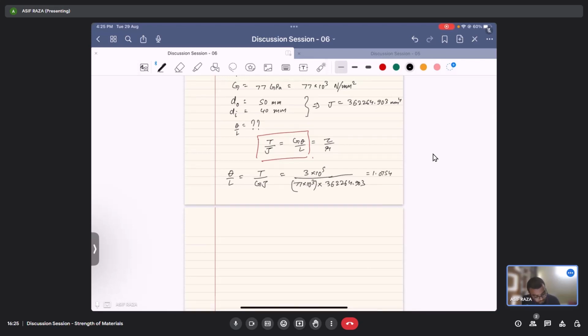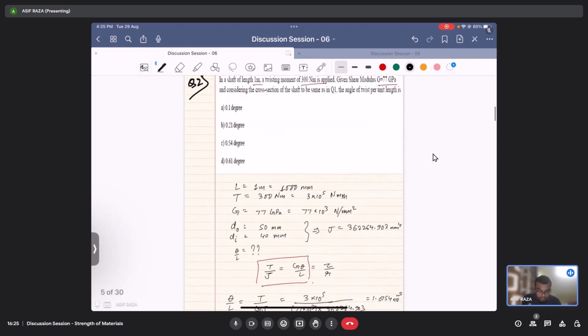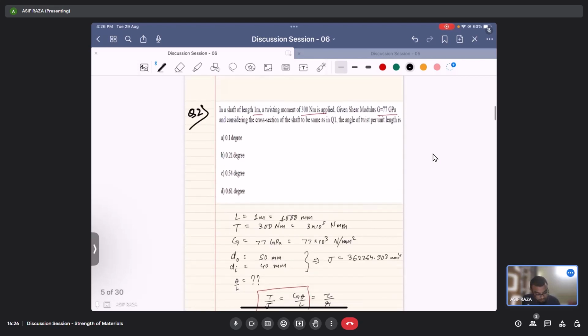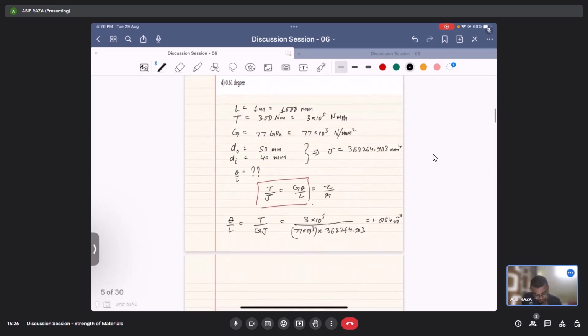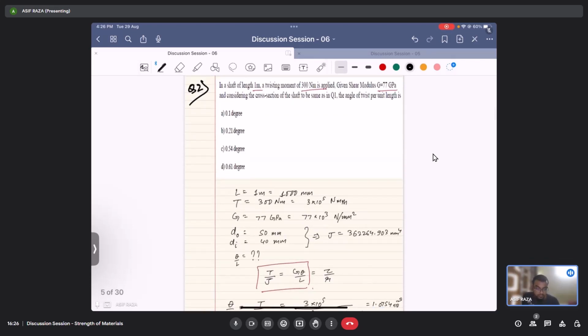So we get 1.0754 into 10 to the power minus 5 radian. So we need to find it in degree. Okay, so that doesn't mean degree per meter.